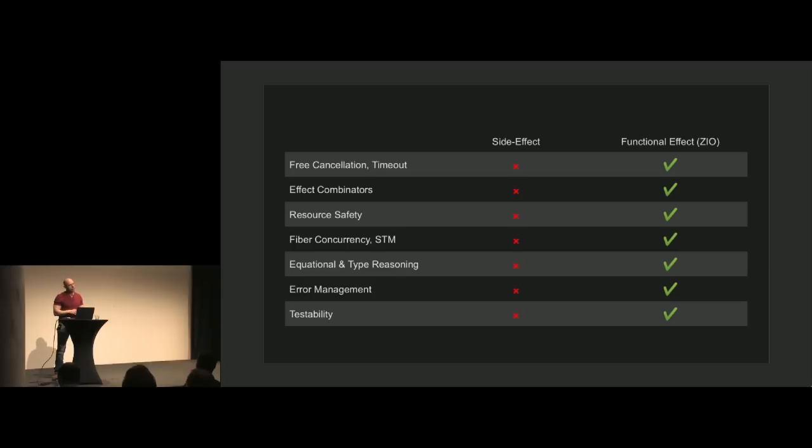You also have the ability to write effect combinators, that is, functions that take effects and return effects. You don't have that ability with ordinary side effects because side effects are statements, and you can't write a function that takes a bunch of statements and returns a bunch of statements. But you can write a function that takes a functional effect, which is an ordinary value, and returns another functional effect.